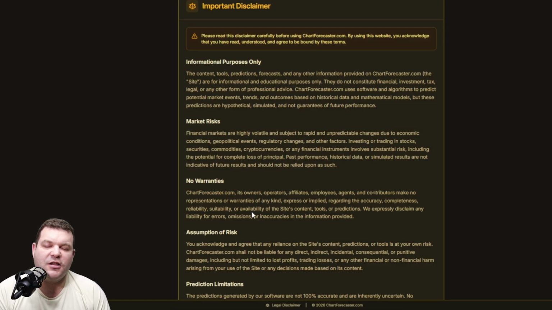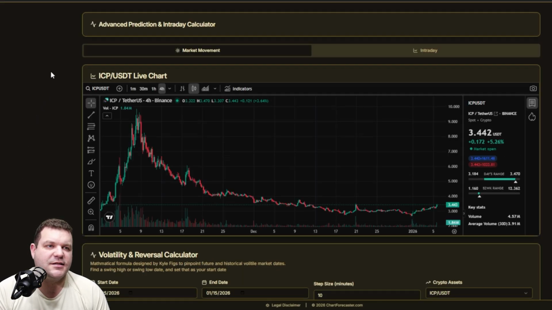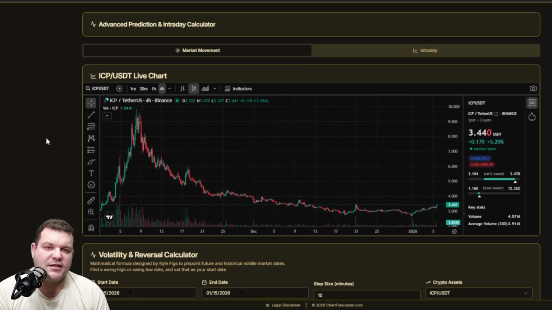Because market volatility is a real thing, and this just is what it is. So it's a prediction tool. It's a tool in a sense where it can help us try to guess where the markets are going at a certain date and time.